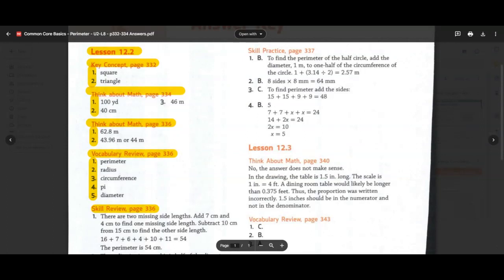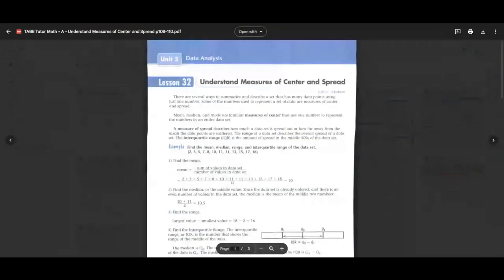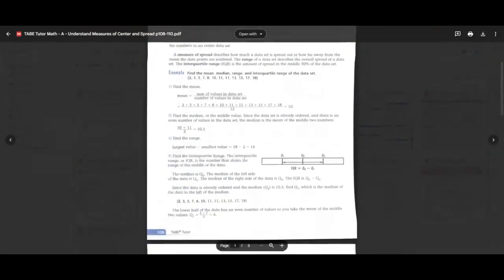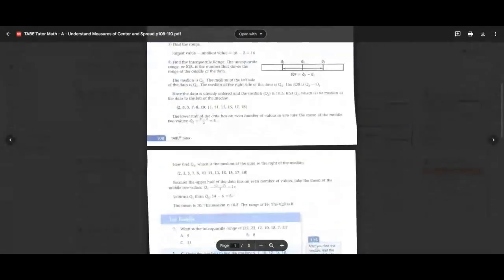This is on mean, median, and mode. And you've got a practice question, some example information up here, and then here are your questions.